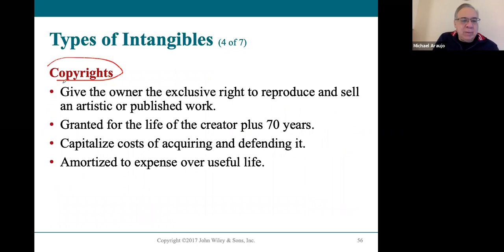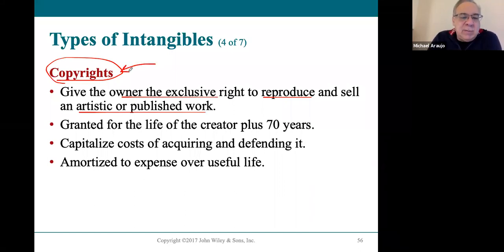Copyrights are very important because they give the owner the exclusive right to produce or reproduce and sell an artistic work. So for musicians, this is exceptionally important. I've done this with my oldest son, who is actually quite adept at writing lyrics. He can't really sing all that well at this point, but he does have very good writing abilities for lyrics.